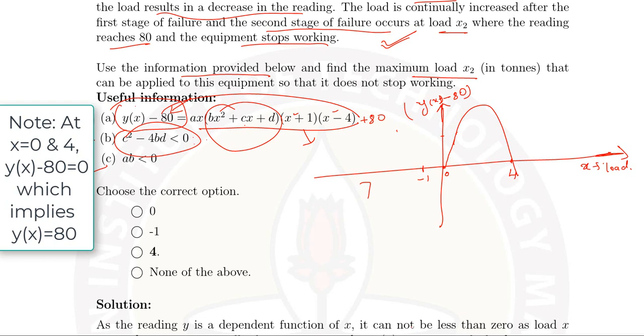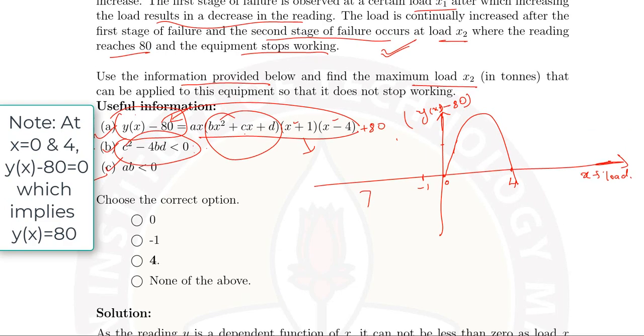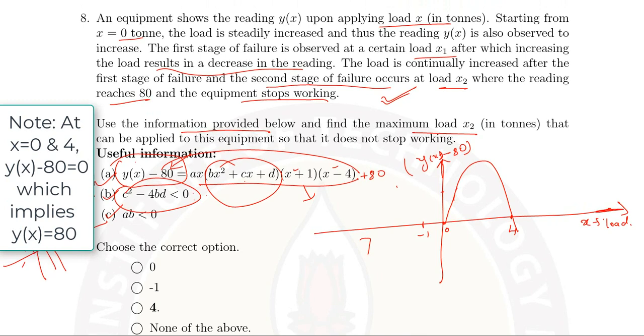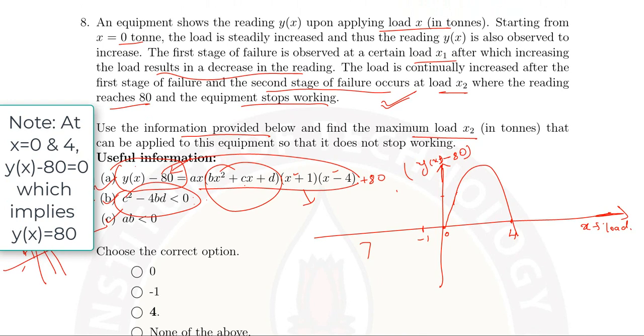And now we will try to interpret the conditions given in the question, and we are done with these 3 pieces of information in order to plot the graph. Now to reiterate what is asked in the question: starting from x equals 0 ton, the load is strictly increasing, so this is something happening here, and the first stage of failure is happening at x1.